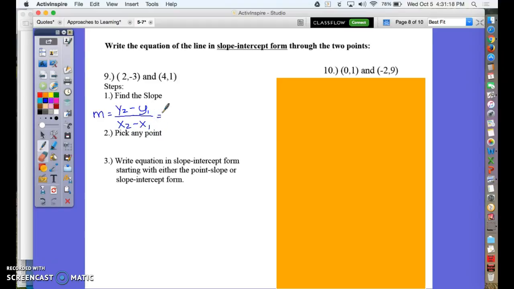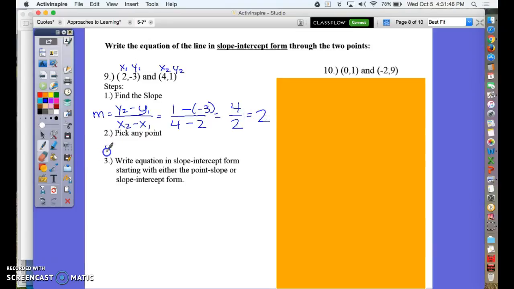So if they give you 2 points, you can go through. This is my x from my second point and my y from my second point, and you can plug those in. 1 minus a -3, and then 4 minus 2. 1 minus a -3 is going to give me a +4. 4 minus 2 is going to give me 2, and 4 divided by 2 gives me 2.